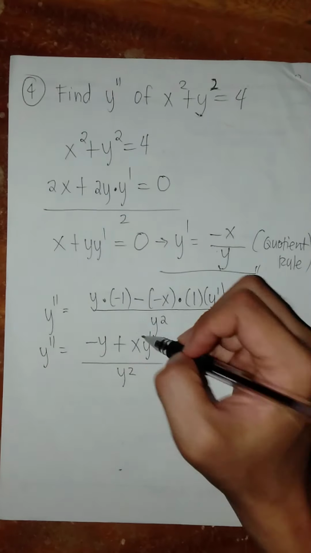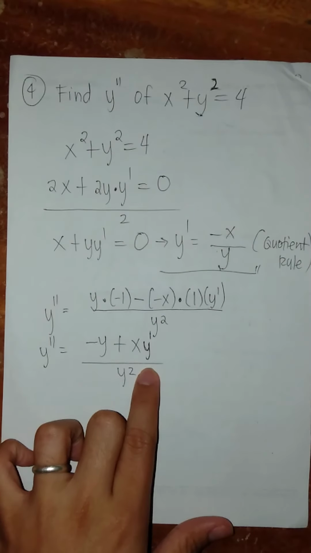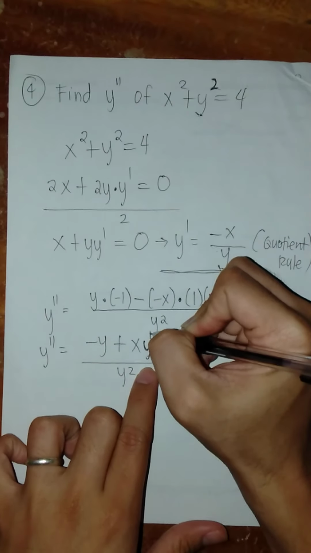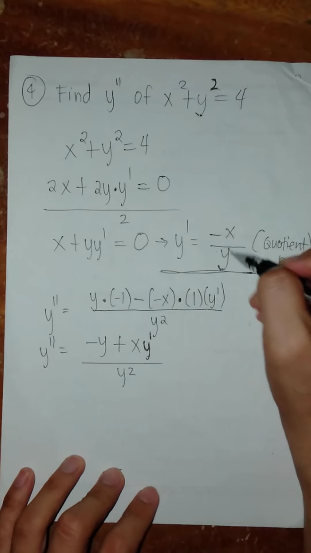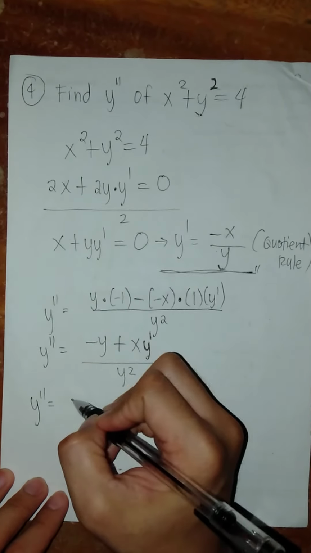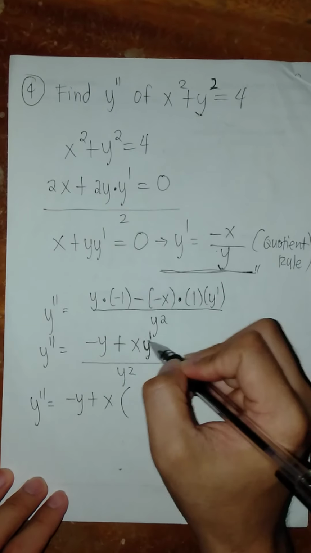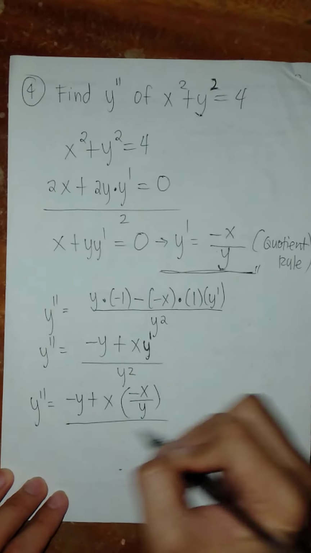Kung papansinin mo, di ba may y prime ka dito? And what is y prime? Di ba ito? Yung y prime na ito, pwede mo siyang palitan itong equivalent, which is negative x over y. So, palitan natin. y double prime is equals to negative y plus x times, yung y prime papalitan ng negative x over y, all over y squared.